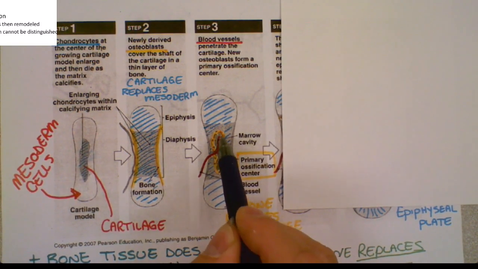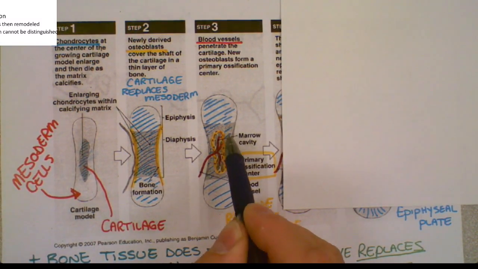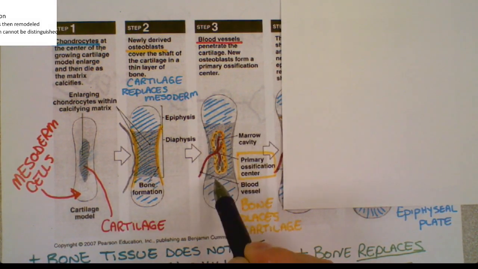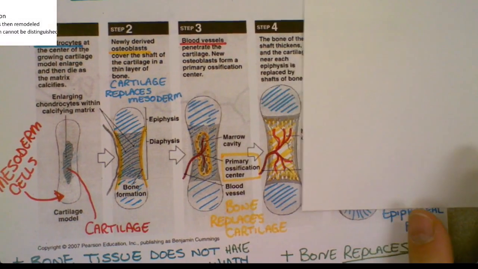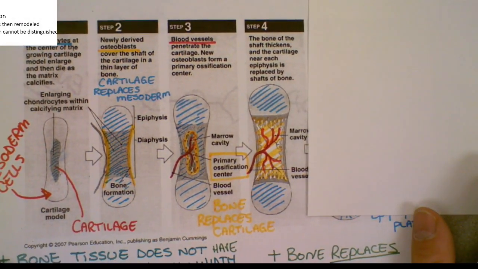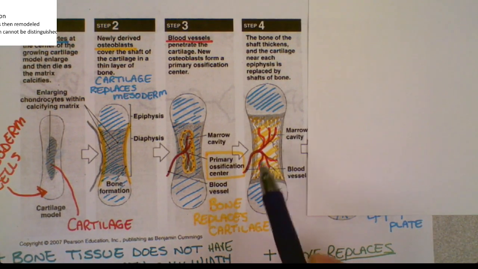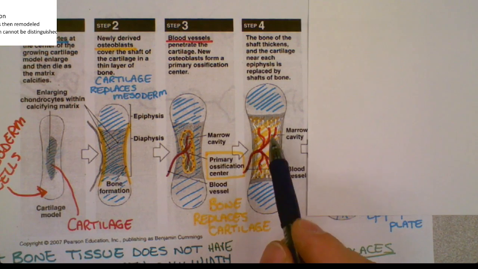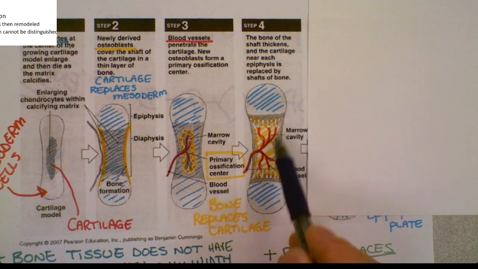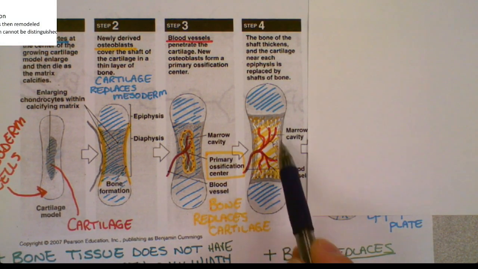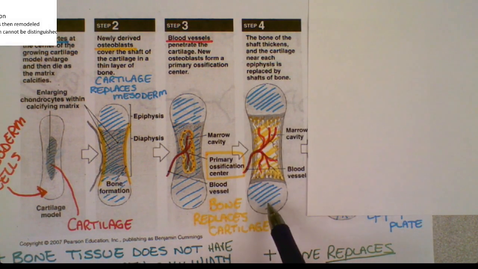And so bone is going to start to develop from the inside out. And as this bone develops, it's going to push the cartilage towards the edge of this structure. In the next picture, we have the progression of this primary ossification center. The bone is going to continue to replace the cartilage, and the cartilage is going to get pushed out of the diaphysis, out of the shaft, and towards the epiphyses of the bone.